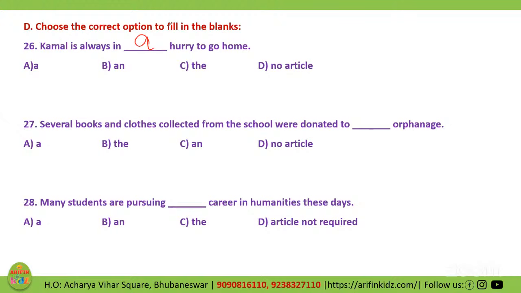It is not specifying which orphanage, right? Donated to an orphanage. It is not specifying any particular or defined orphanage, so it is generally donated to any orphanage, right? Several books and clothes collected from the school were donated to an orphanage. So the answer is an. Yes, very good, everyone.